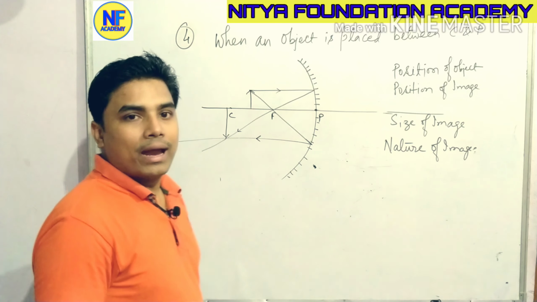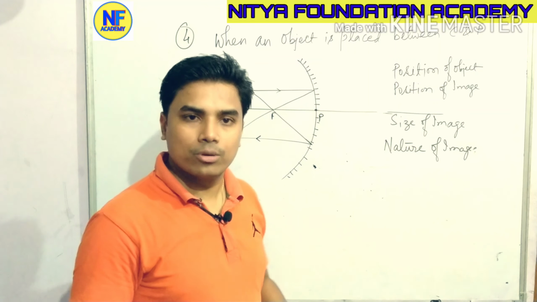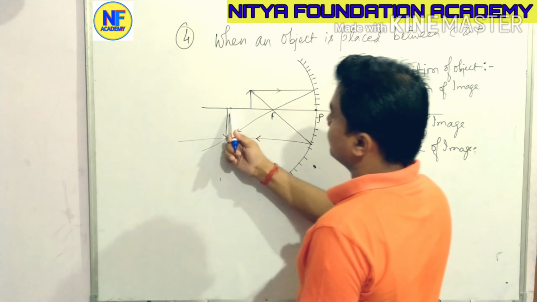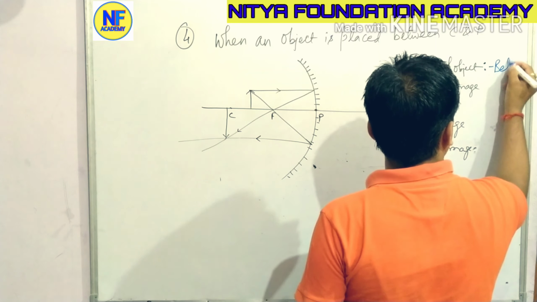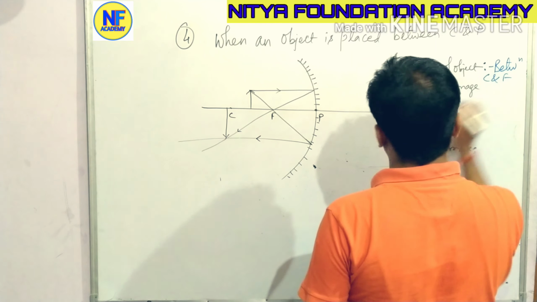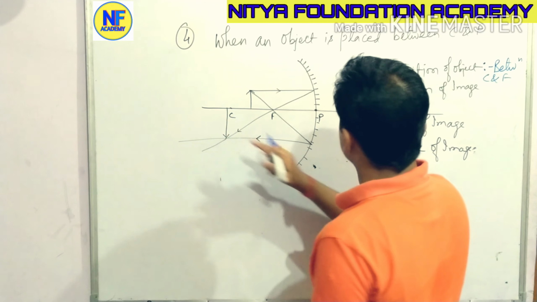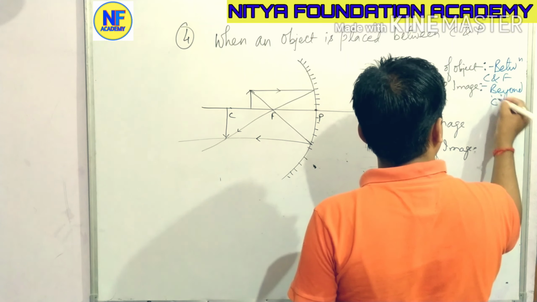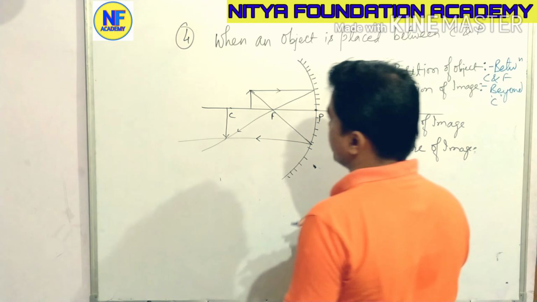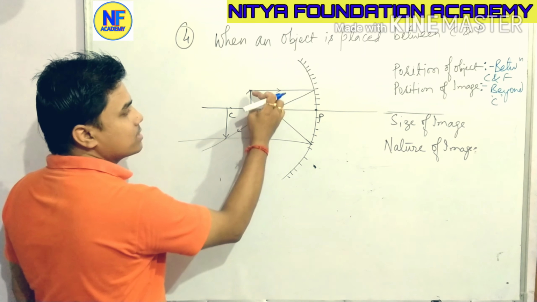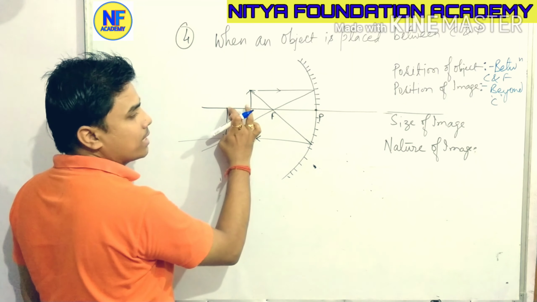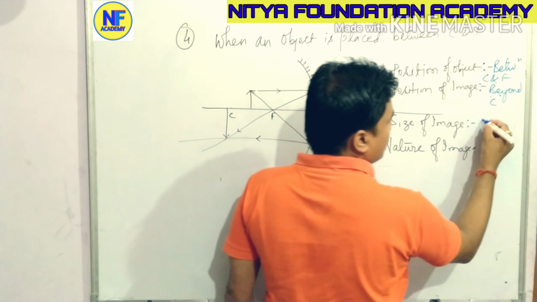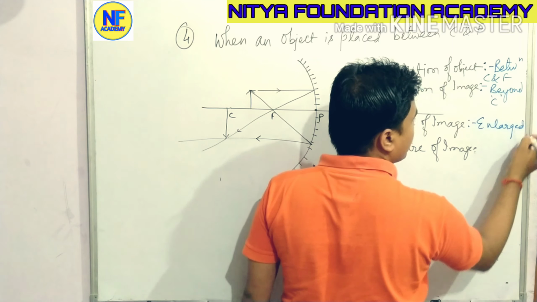So just continue and let's collect the information which we get from this diagram. Students, the position of object which you have observed is between C and F. Then the position of image is beyond C. Then size of the image: as you can see, the object size is smaller than the size of image, so the image is enlarged compared to the object.